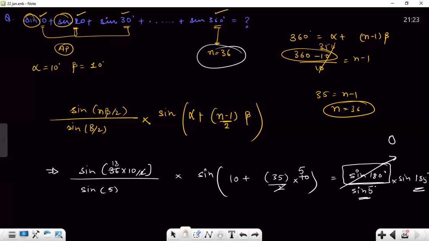And if 0 is getting multiplied with anything finite, or getting divided by anything finite, then the answer will be 0 only. That is our answer. We do not have to care about the value of sine 5 degrees and sine 185 degrees, because 0 is getting multiplied. And we know for sure that sine of 5 degrees is something finite.